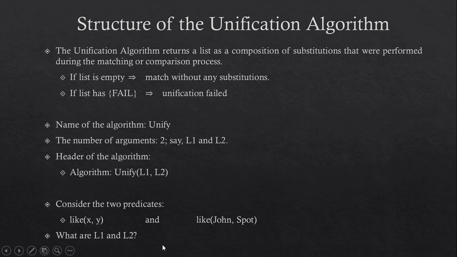Are they expected to be the predicate symbols to be given as inputs to be unified? Or are L1 and L2 expected to be individual pairs of arguments to be compared? Or are the arguments expected to be the two predicates with their arguments entirely? These are some very important questions. What are L1 and L2?